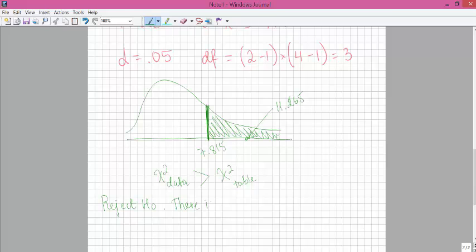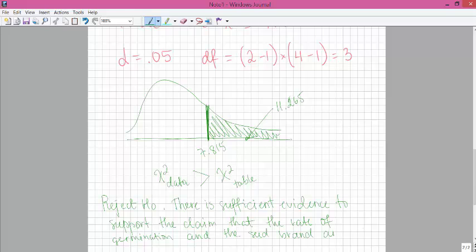There is sufficient evidence to support the claim that the rate of germination and the seed brand are not independent, right?